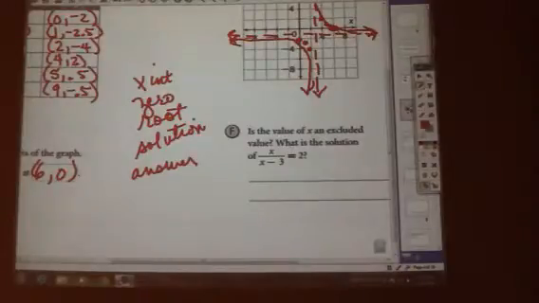What is the value of x? It's 6. 6 is my answer. 6 is where it crosses the x-axis. That is the solution. Was that an excluded value? No. What was my excluded value? 3. That's how you graph a rational equation. That's like problems 1 and 2 on your homework.